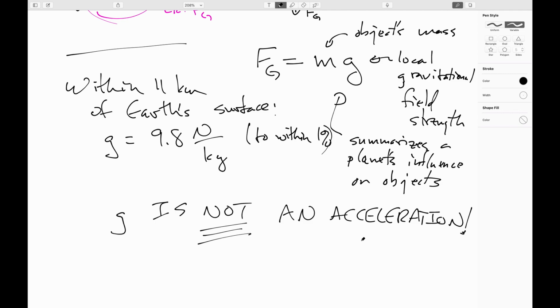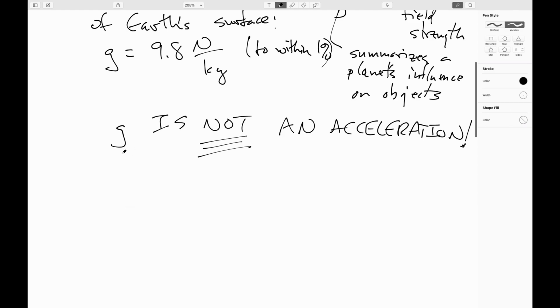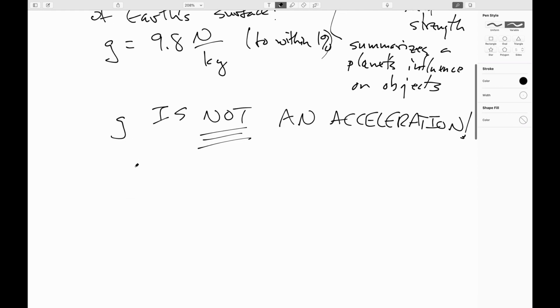Now, a lot of texts, a lot of physicists will sloppily call this the acceleration due to gravity, but that is only true if you are in free fall. If you are in free fall, and only if you are in free fall, then we can draw the free body diagram and say that there's only one force, the force of gravity.